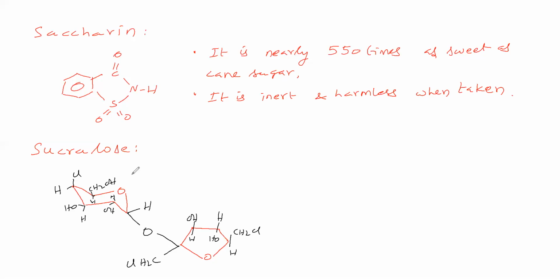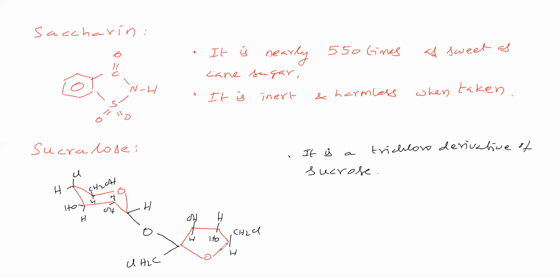Sucralose is a trichloro derivative of sucrose. Sucrose contains alpha D glucose and beta D fructose.